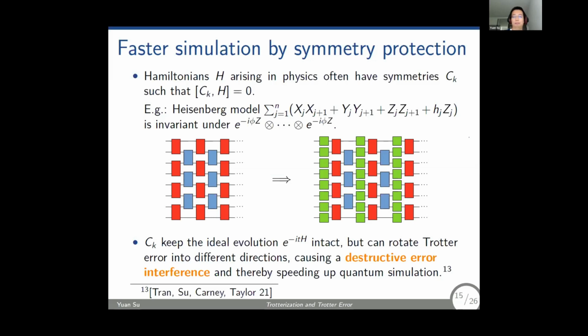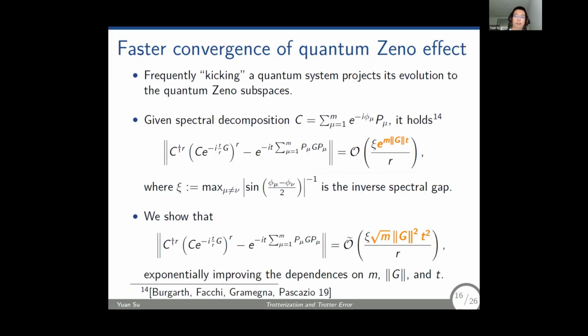So, okay, this idea seems interesting, but it would also be nice to have some mathematical understanding of what is going on behind this protocol. In the special case where all the symmetry transformations are fixed, equal to each other, this is related to something called the quantum Zeno effect. The protocol is as follows. You perform some kind of effective evolution, basically the Trotterization quantum circuits, and then you follow that up with some symmetry transformation.